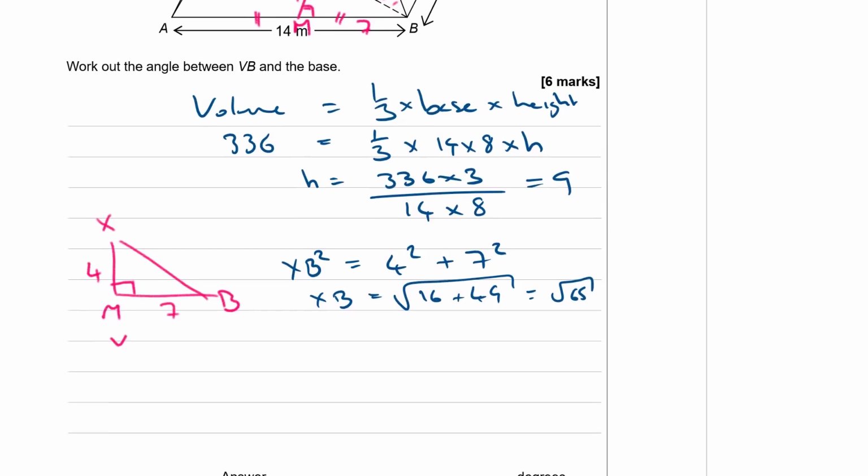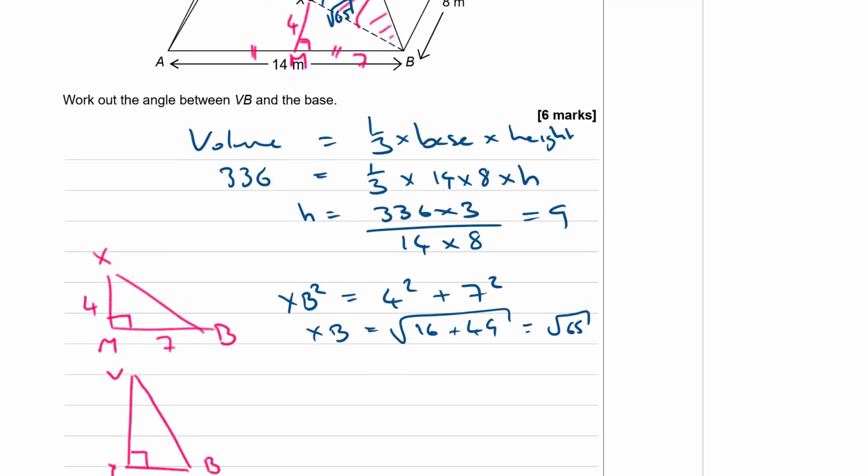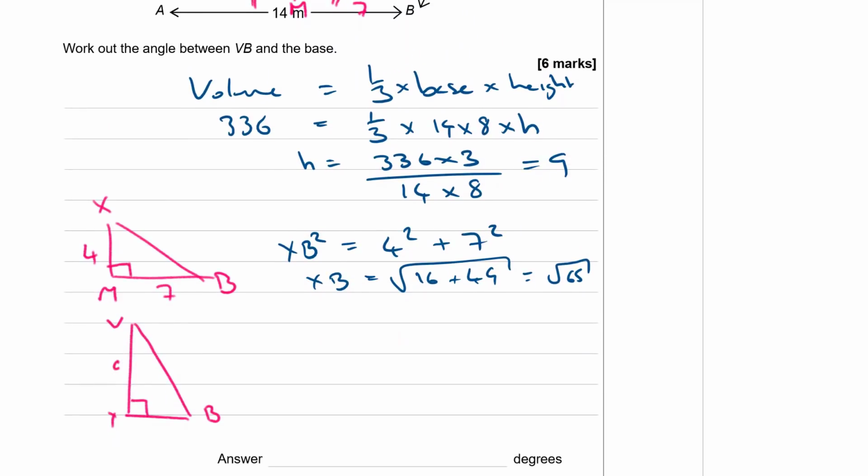So this is X, and this is B down here. Right angle triangle, h is 9, and this side here is root 65. We want to find this angle here. Let's call it theta.